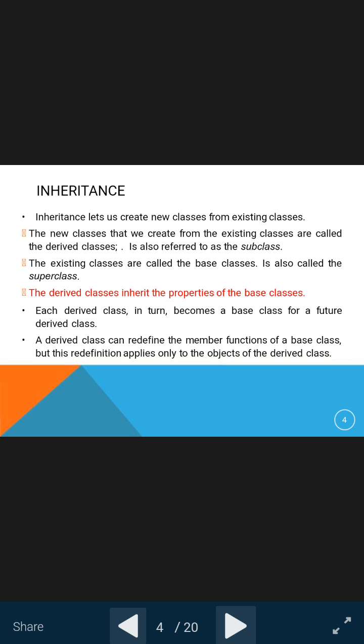When we create an object of the derived class, we access the properties of the base class as well as the derived class. That's why we create the object of the bottommost derived class. Through that object we can access all the data members and member functions of those classes.